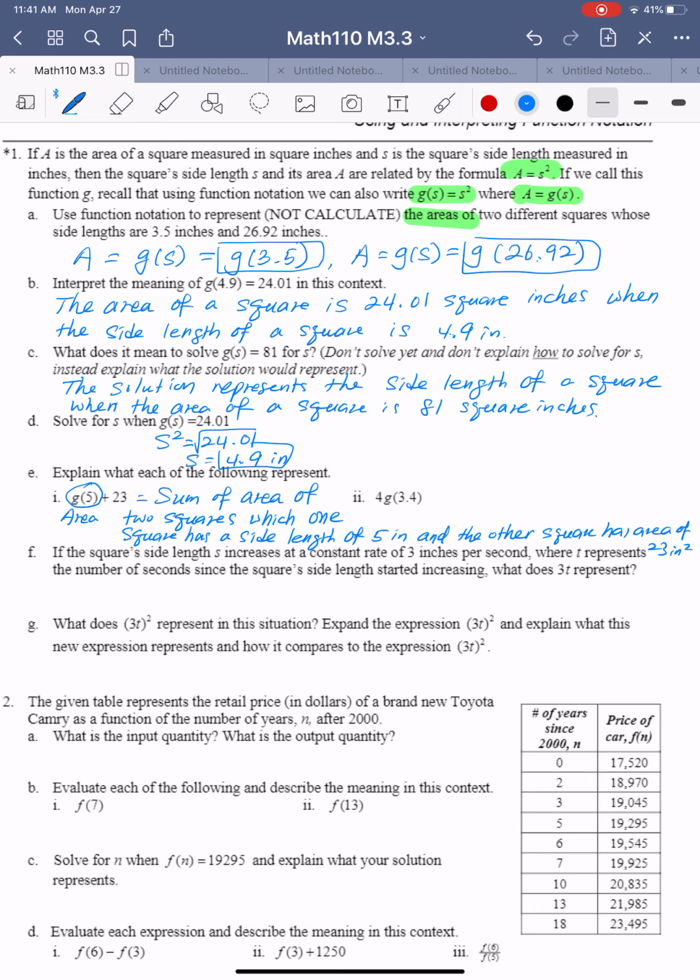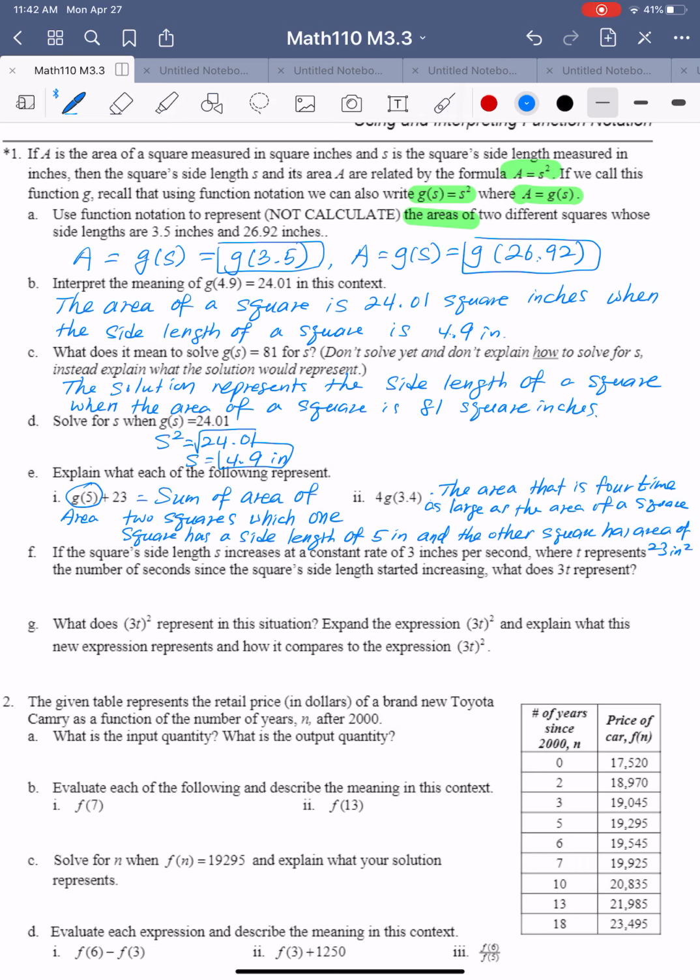Okay, now number 2. When you explain it, you're going to have the area of the square that is also 4 times as large as the area of the square with a side length of 3.4 inches.